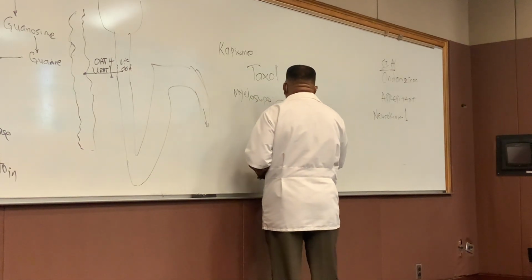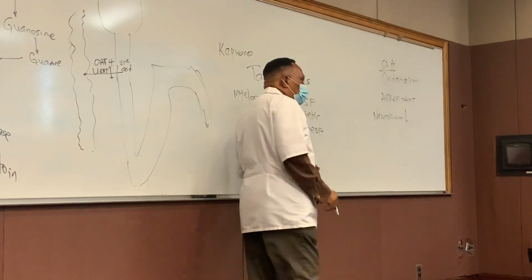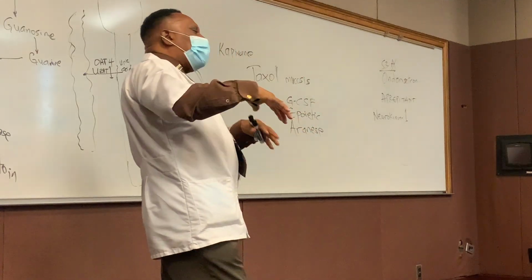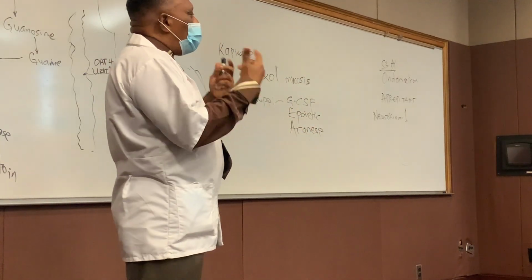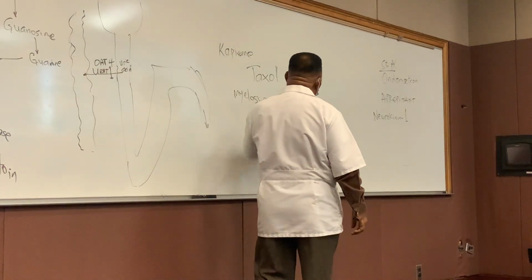Aranesp is another agent that can be used if there's bone marrow depression and it affects the red blood cells a lot also. You can use Aranesp.